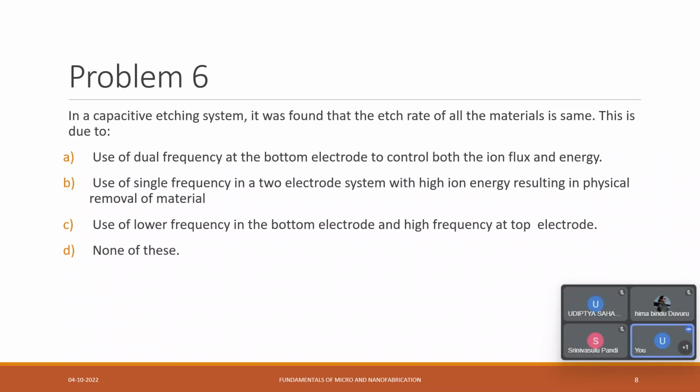We learned about a lot of configurations here, and out of those only some are usable for etching, while others may not be usable for this purpose, but may be usable for other purposes. So you have to tell which one of them is such a system.